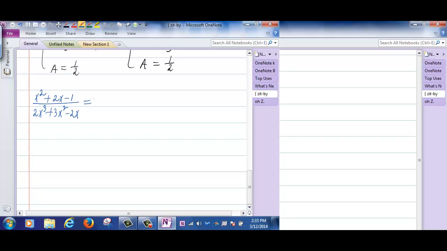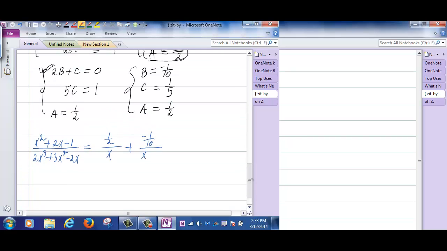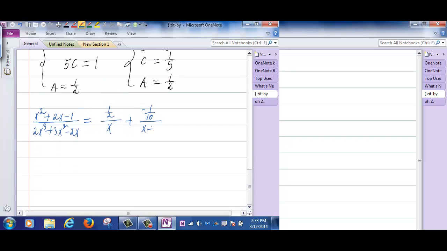What did we find for a? We found that a was a half. So a was a half divided by x. We found b was a negative 1/10, right? And remember, underneath b we had, can someone tell me what did we have? x plus 2. And the last one is 1/5 and 2x minus 1.